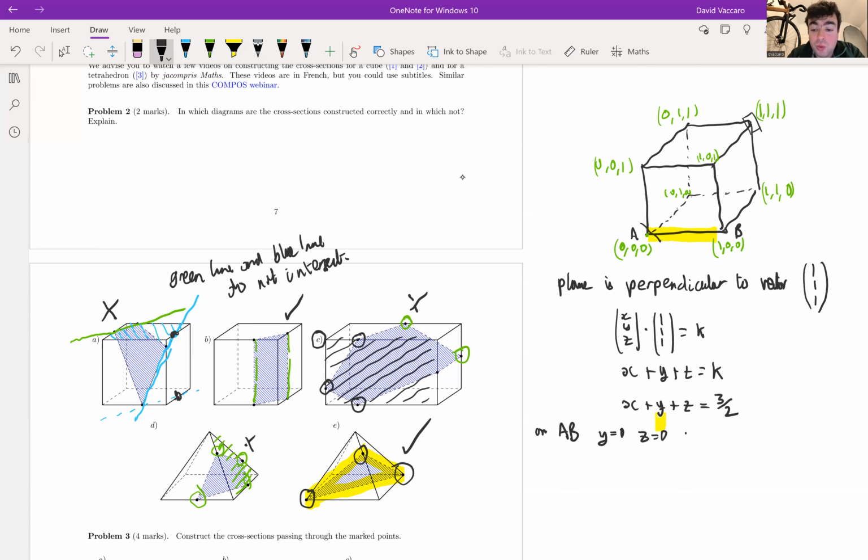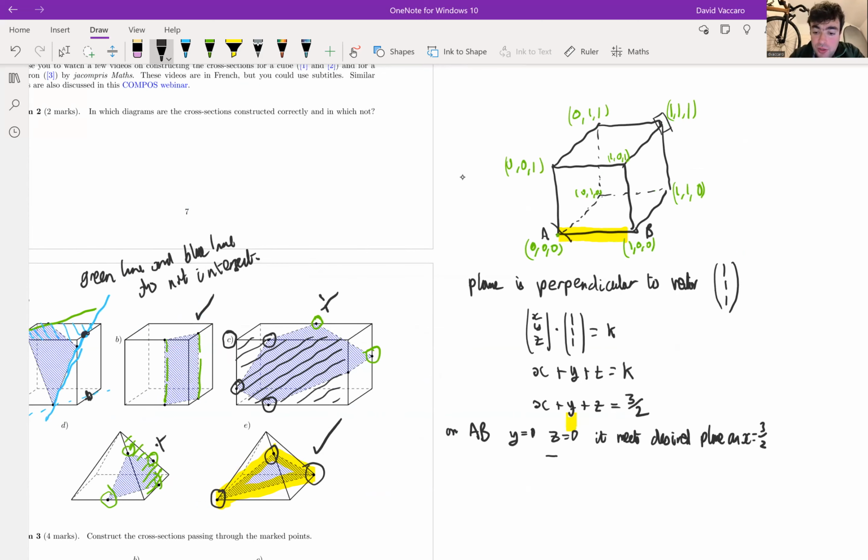But if y equals 0 and z equals 0, it meets the desired plane at x equals 3/2. But that's outside of the line segment AB, because the line segment AB only runs to 1.